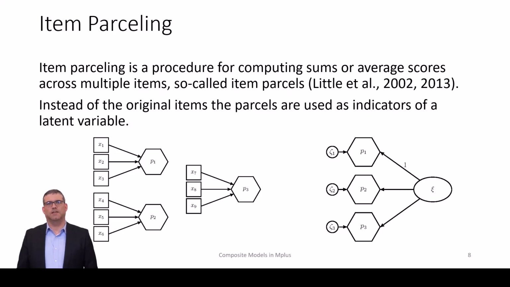And so modeling the relationships between the original observed variables appears cumbersome. As a solution, item parceling has been developed. Item parceling is currently a two-step procedure. In the first step, so-called parcels are created, and these parcels are composites of original observed variables. Then in the second step, these parcels are used as the indicators of latent variables.